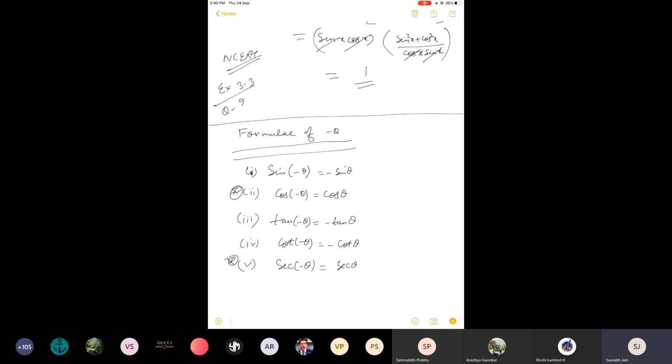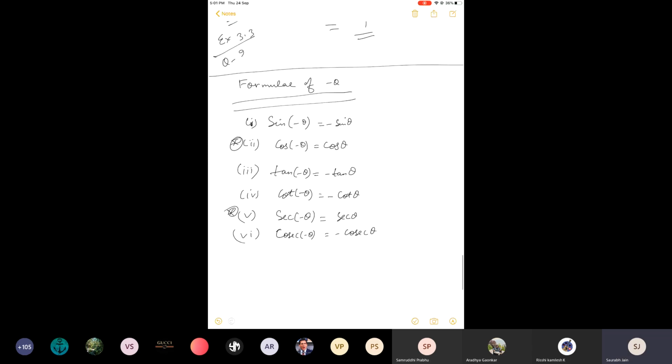In the other 4, minus comes in front, so it is not with the angle theta anymore. Very easy to remember. Just remember cos, because sec is the reciprocal of cos. In cos and sec, which I have star marked, minus is absorbed, while in others minus comes in front.